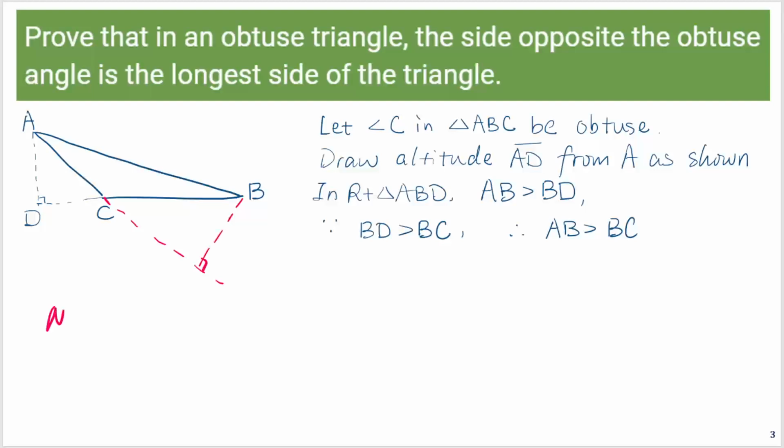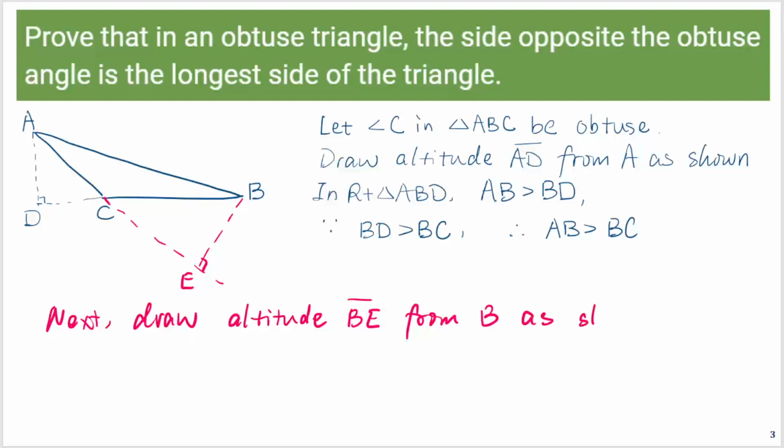Similarly, next we could draw altitude BE from B as shown in the diagram. Then we could use the right triangle.